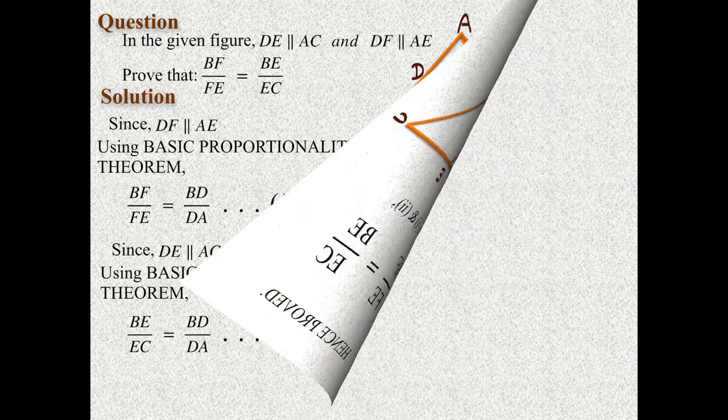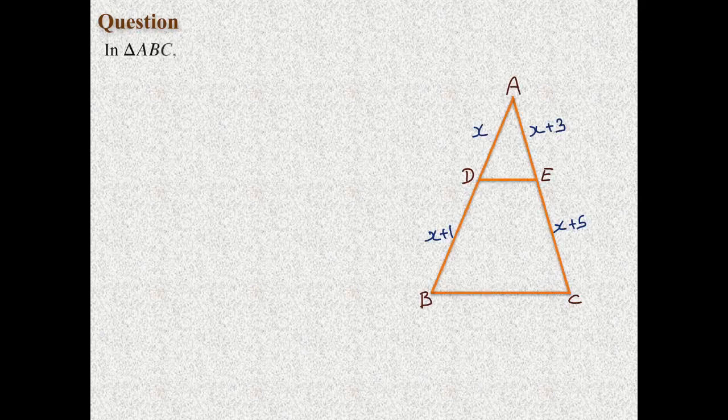Okay, one more question. It says, in triangle ABC, DE is parallel to BC, and find the value of x from the diagram.